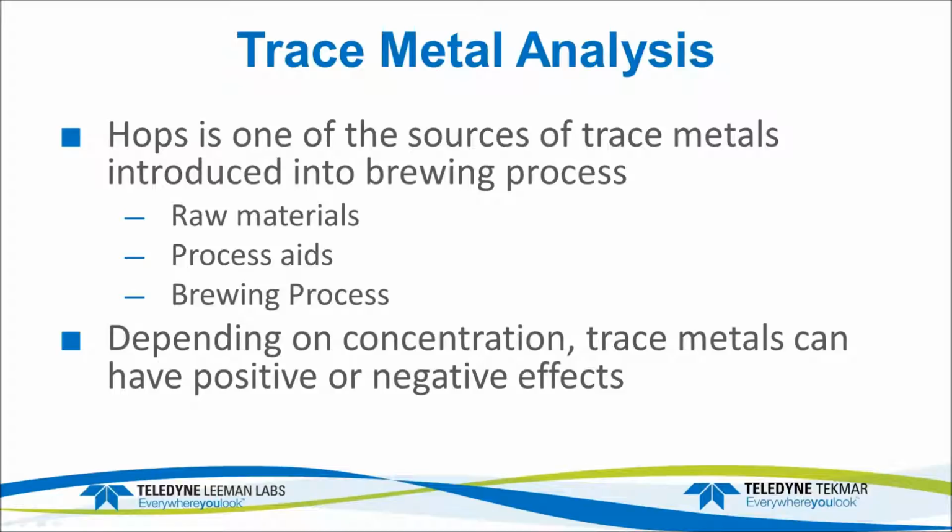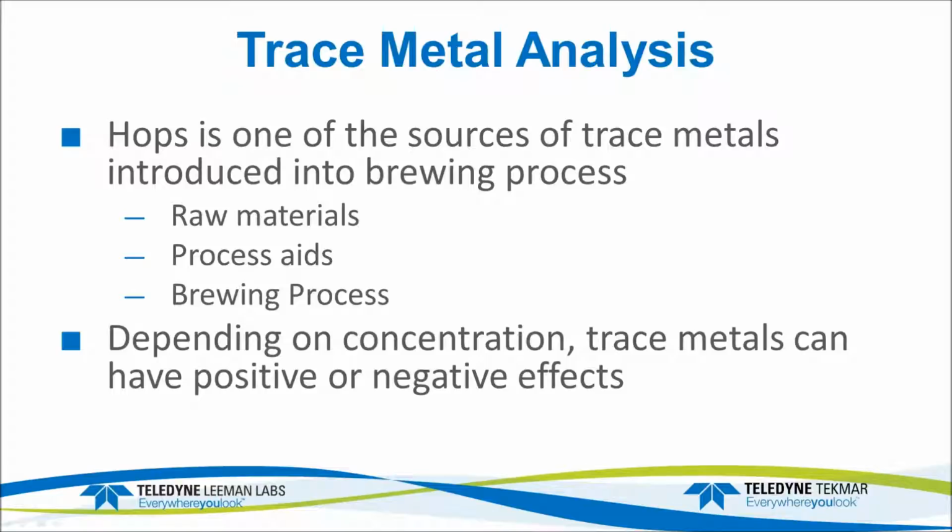Process aids, linings of kettles, things like that, filtration aids, diatomaceous earth, all contribute raw trace metals to the brewing process. And also the brewing process itself, the tanks, pipes, copper equipment, all can have an effect of adding certain trace metals to the final products.